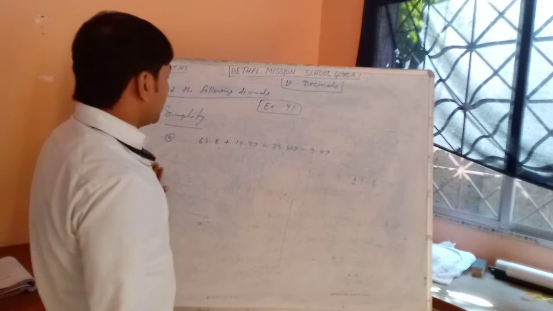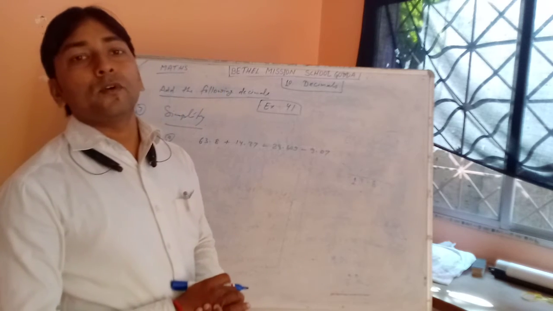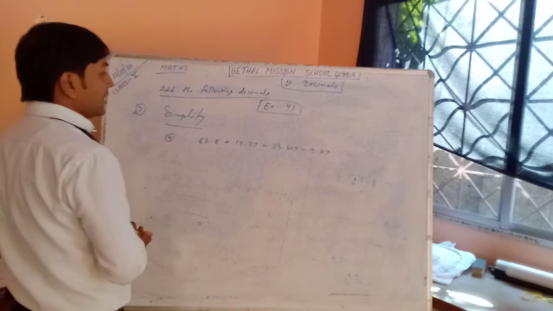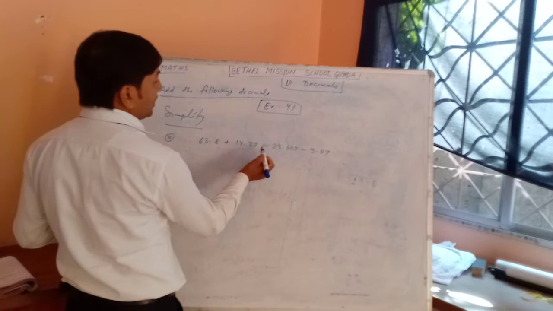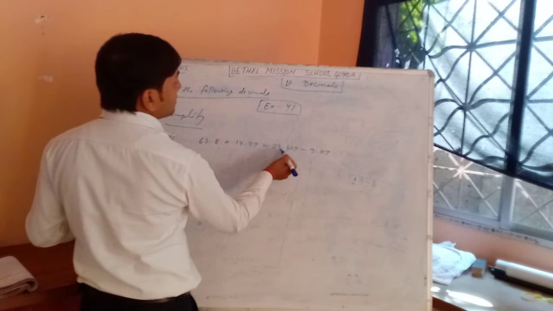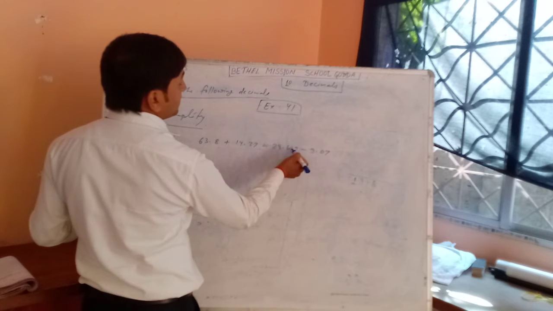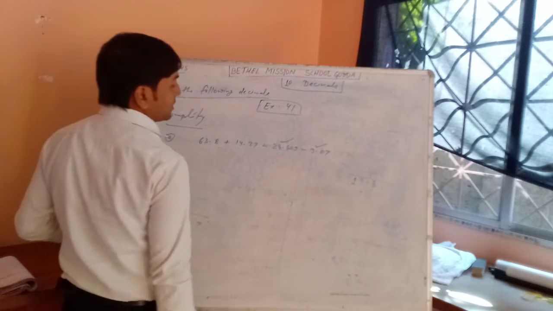In this type of question, first find out the negative numbers and the positive numbers. Here there is minus 9.07 and minus 28.609, so both are negative numbers.